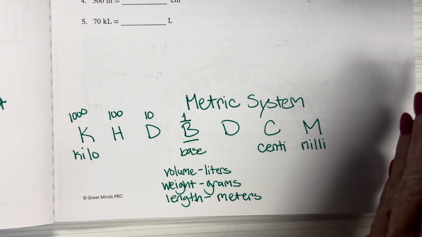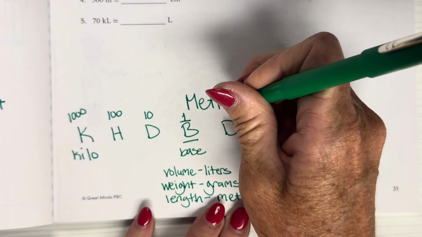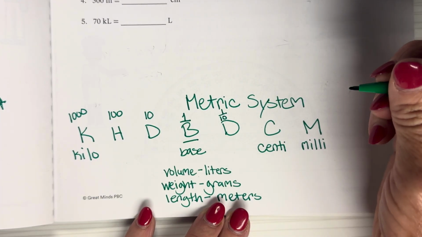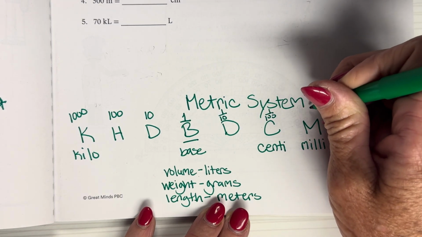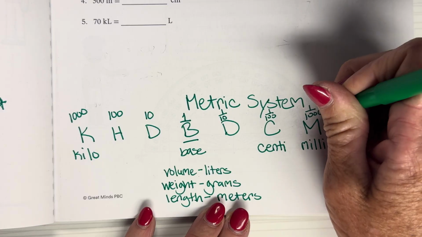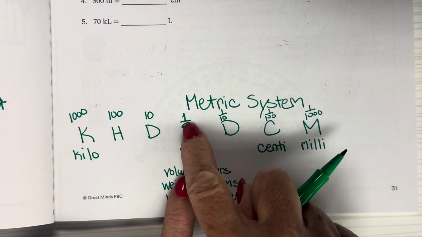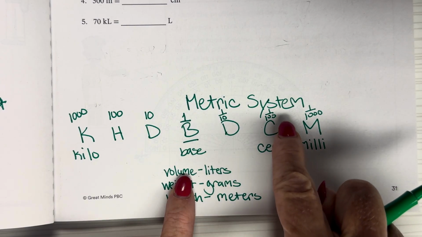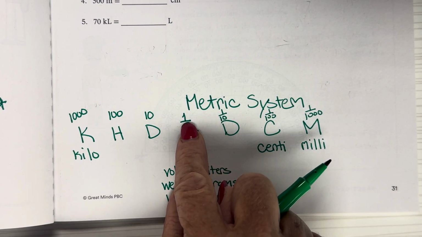Now, when I go this way, it's smaller. So this is only worth 1/10 of them. And this is only worth 1/100th of them. And milli is only worth 1/1000th of it. So it would take 1,000 milliliters to equal 1 of those. And it would take 100 centigrams to equal 1 of those.